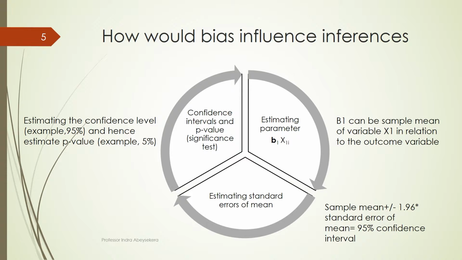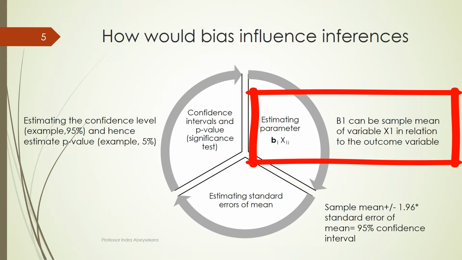So why is it that these aspects are important? And how would this bias influence inferences? The first is estimating the parameters.